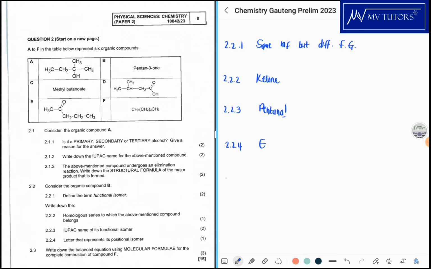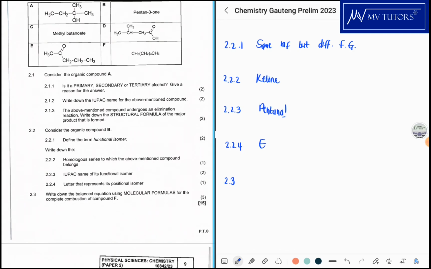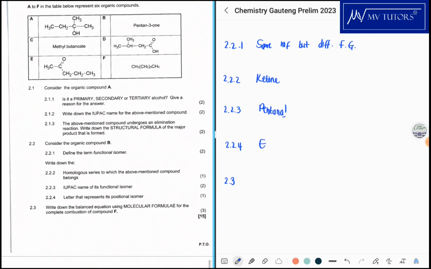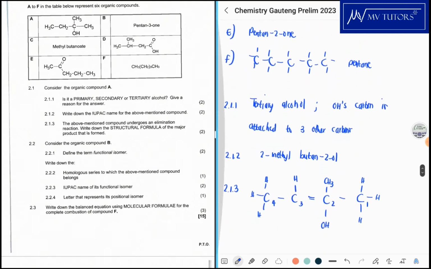Okay, so this is going pretty nicely, quickly. And then for 2.3, write down the balanced equation using molecular formulae for the complete combustion of compound F. Remember, compound F is pentane.